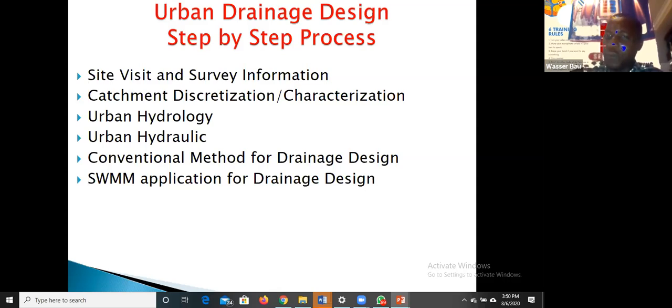SWIM is an application for drainage design. SWIM does not do the design for you. You are the one to do the design. But SWIM will help you to model and to simulate. I always tell people, there is no software in the world that can do design for you. I'm here to see one. What software does for you is to model your design. Some people will say to draft it.